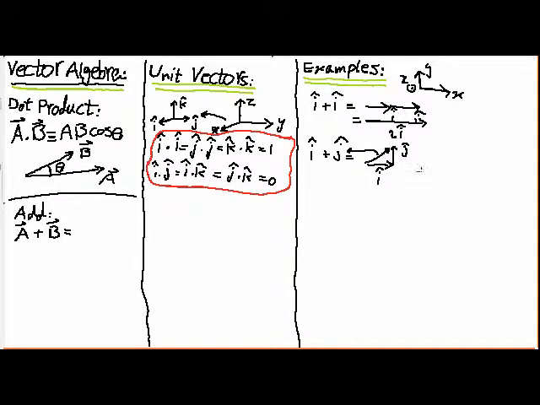Now let's say I have i hat plus j hat minus 2 i hat. What is this? I write i hat, then j hat, then minus i hat, because this is minus i hat, the size is again 1, but the direction is backward.